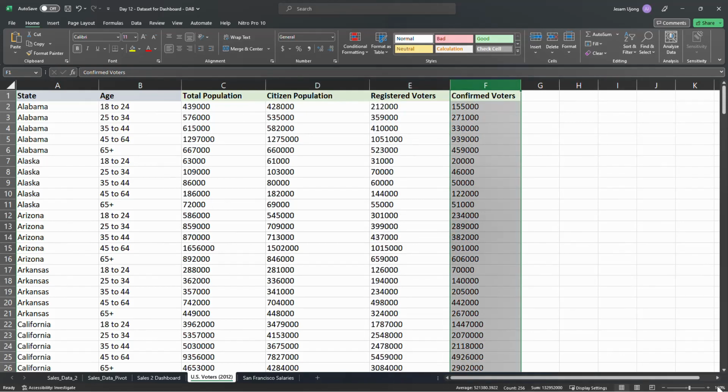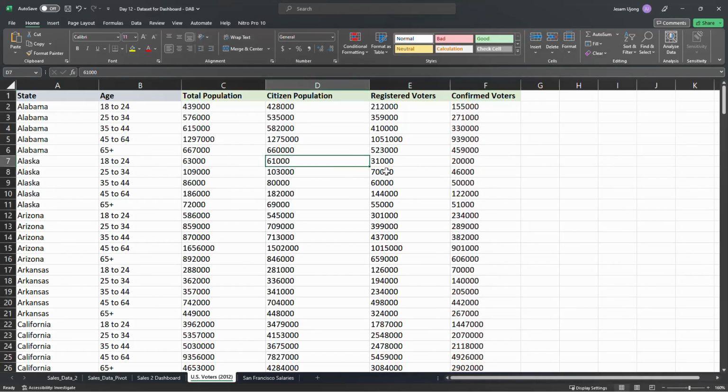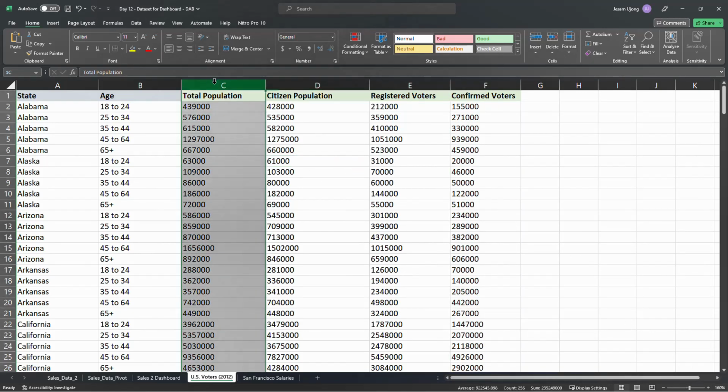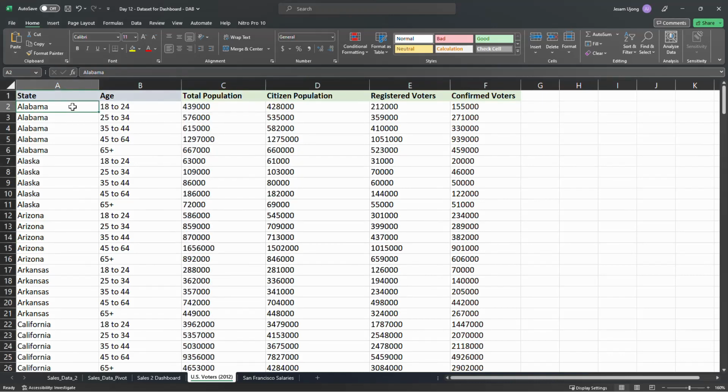So just to put this into context, take total population in the states. This is an age range from 18 to 24. The total population of people in Alabama within this age range is 439,000.